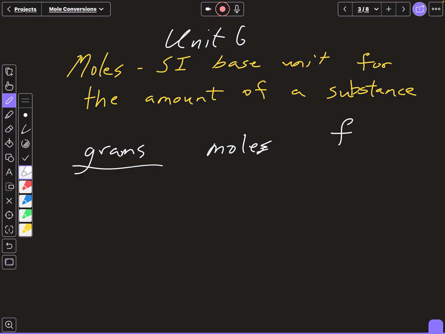We might use feet, or inches, or meters. So grams and moles are both ways to express the amount. But moles we cannot weigh out on a balance because moles are different for different substances. A mole of carbon weighs a different amount than a mole of magnesium.